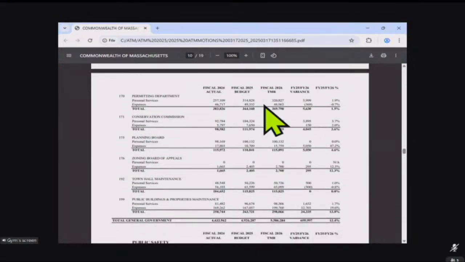Conservation Commission, $116,019. Planning Board, $115,891. Zoning Board of Appeals, $2,700. Town Hall Maintenance, $115,825. Public Buildings and Properties Maintenance, $298,066. Let's stop there and vote on everything we don't have a hold on.